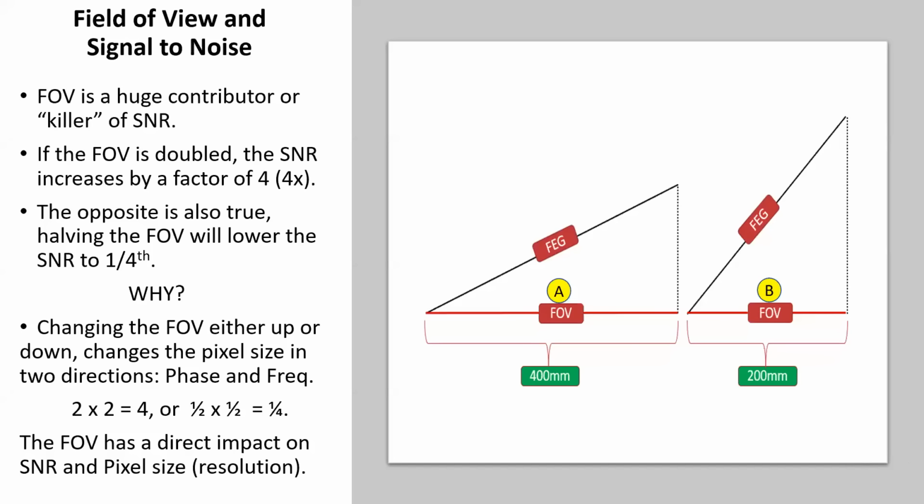If you halve your field of view, you go from 400 to 200, you're going to quarter your signal to noise, because you change the field of view in 2 directions. So you double it, 2 by 2 equals 4. Your pixels are 4 times bigger, or if you halve it, they're a quarter the size that they were. So your signal to noise goes down because you have pixels that represent fewer protons per pixel.